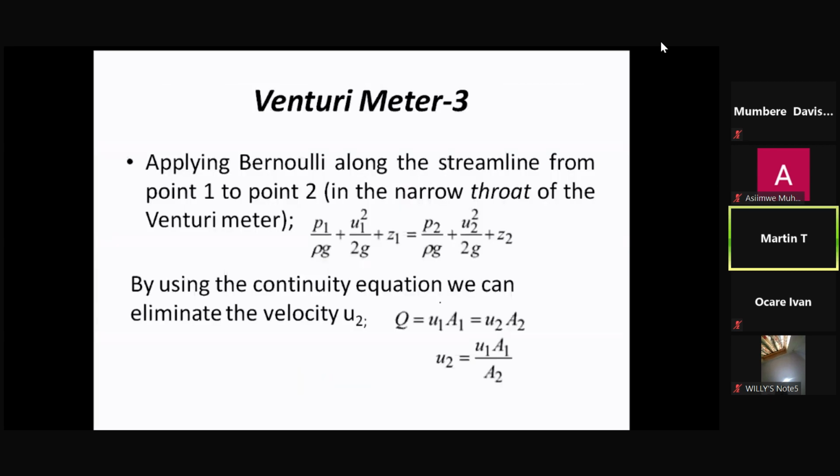If we apply Bernoulli's equation, we state it like that: P1 over rho g plus V1 squared over 2g plus Z1 is equal to a constant, so it is equal to P2 over rho g plus U2 squared over 2g plus Z2. But we also know from the continuity equation that Q is equal to U1 A1, which is also equal to U2 A2.